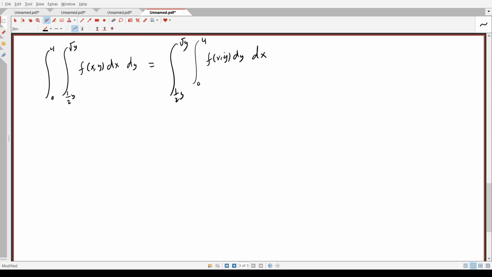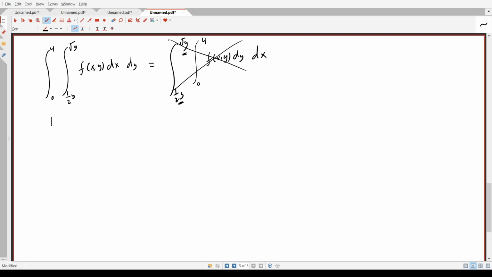Also notice, so this one should be a giveaway right here, that if I was to evaluate this integral and then evaluate this integral, the final result would have terms of y in it. And when I'm done with this integral, I'm supposed to have a number. There shouldn't be any variables left. So this isn't going to work. I cannot just flip-flop the integrals. I can only do that if it's a square or a rectangle region. But this is not, so I have to be a little bit more careful.